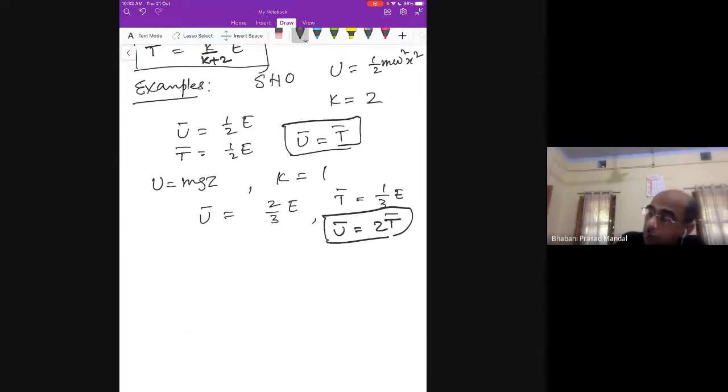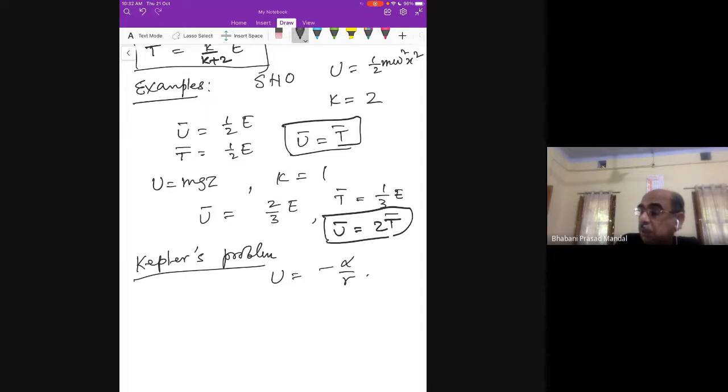Similarly, if you have, say, Kepler's problem, that potential energy is alpha by r type of, right? That means k equal to -1.